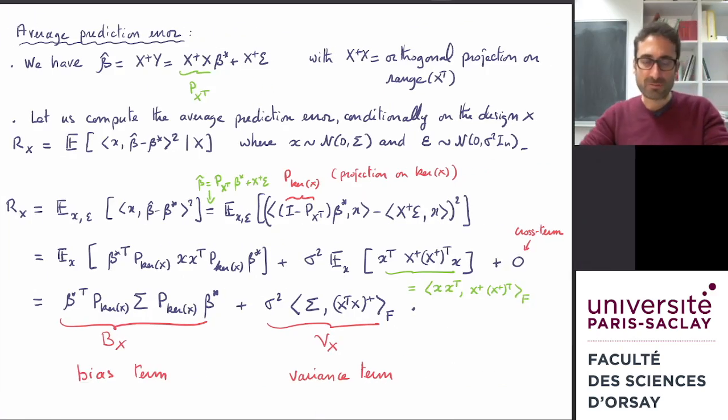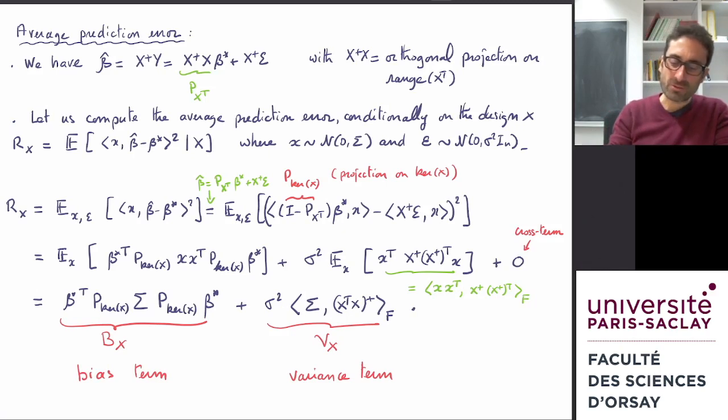First of all, we analyzed the average prediction error conditionally on the design. This is this quantity here, where we consider the prediction. For a new point x, I predict the output by beta hat scalar x, and I want to compare this to the optimal predictor, which is beta star scalar x.